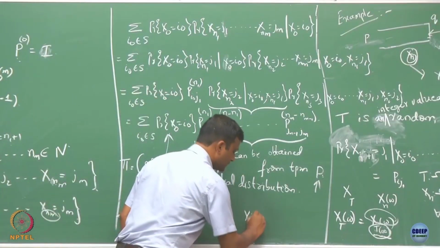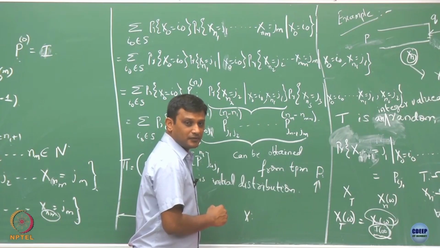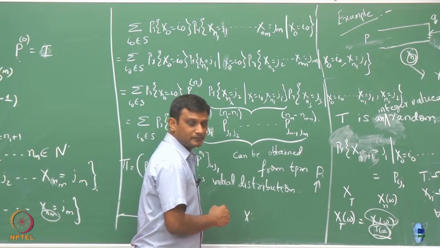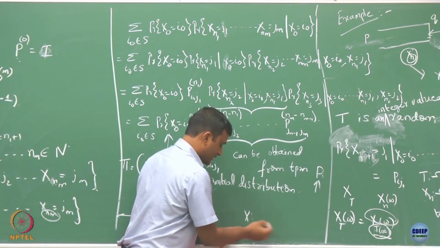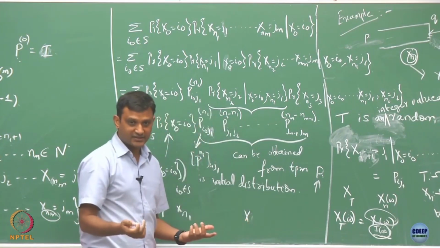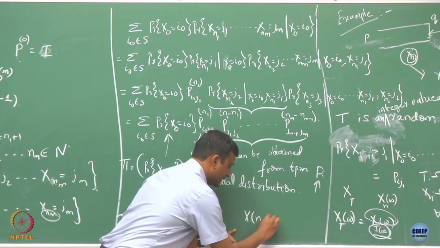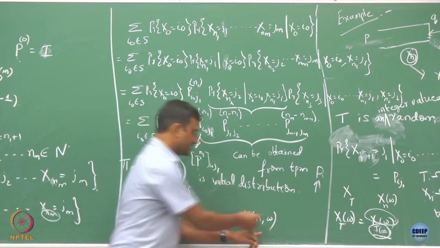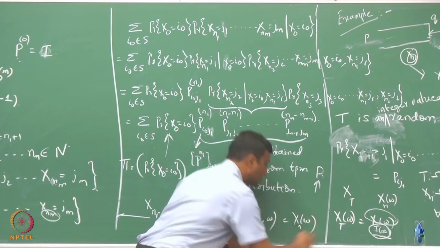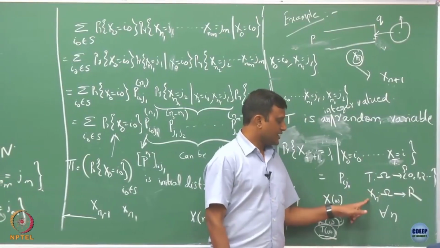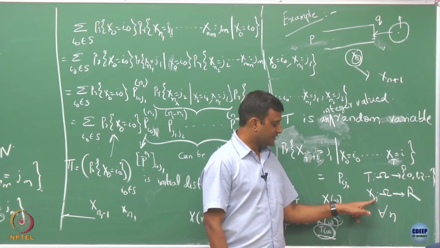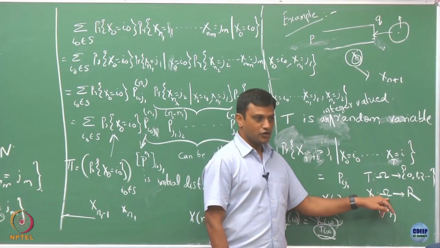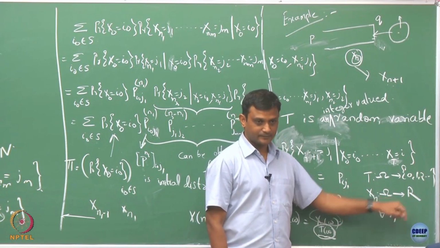X is not exactly like that. I can think of X as indexed by index and sample, so this same thing we have written as X of n and omega. So, you understand the meaning of this random variable here. For every n, I am defining X n taking values on omega, I mean assigning values to omega, on the real line.